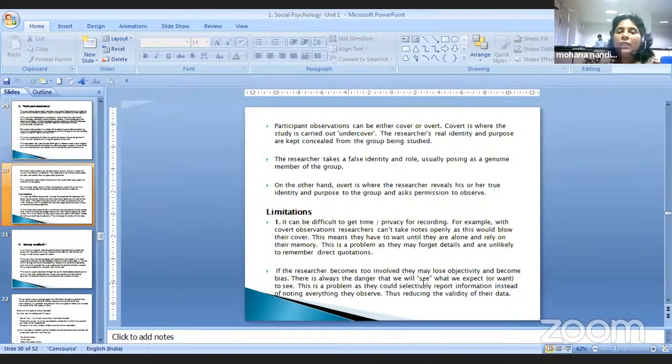If the researcher becomes too involved, they may lose objectivity and become biased. There is always the danger that we will see what we expect or want to see. This is a problem as they could selectively report information instead of noting everything they observe, thus reducing the validity of the data.